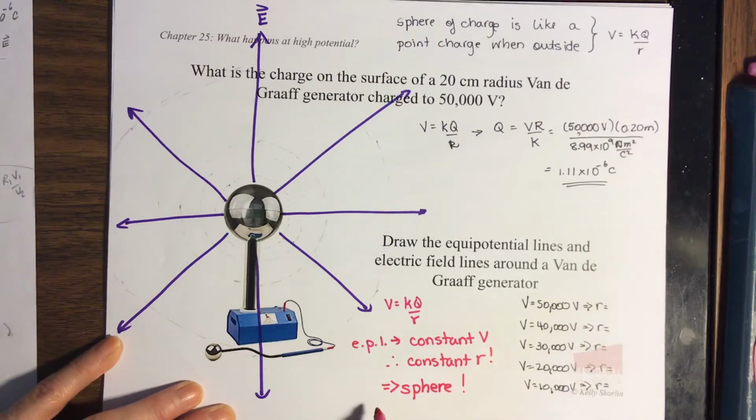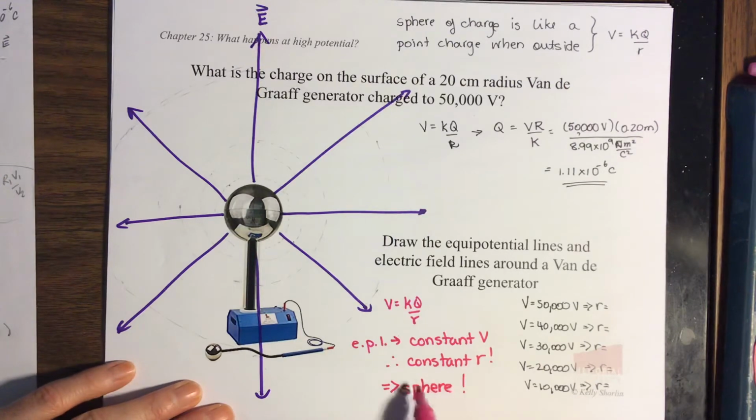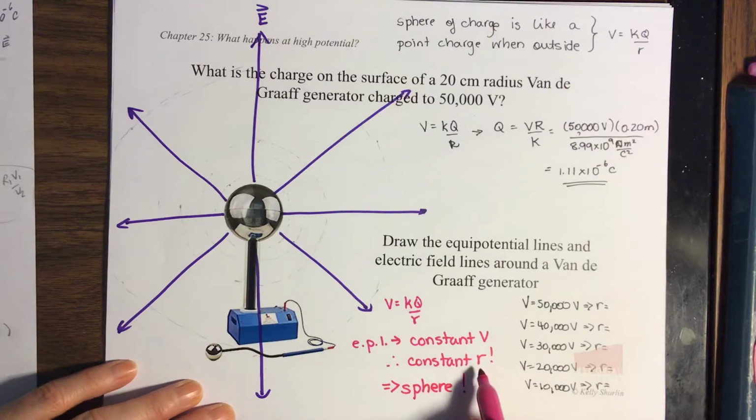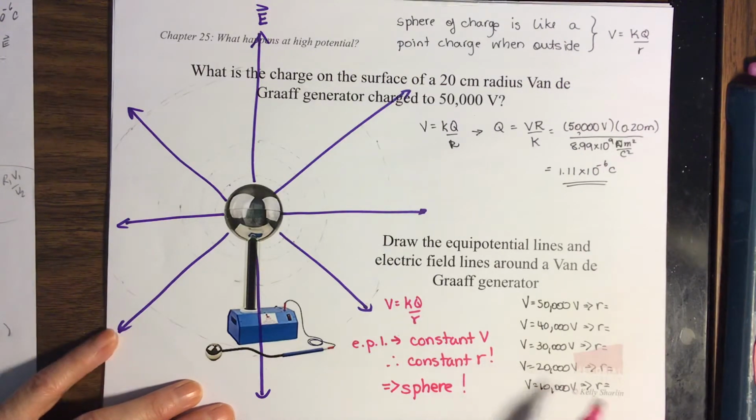So our equipotential lines are actually going to be surfaces, and they're going to be spherical because they all have a constant radius.